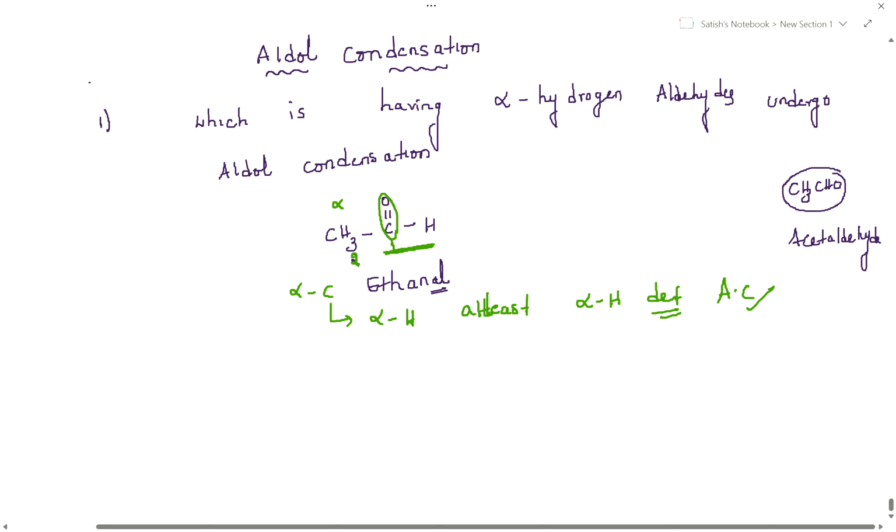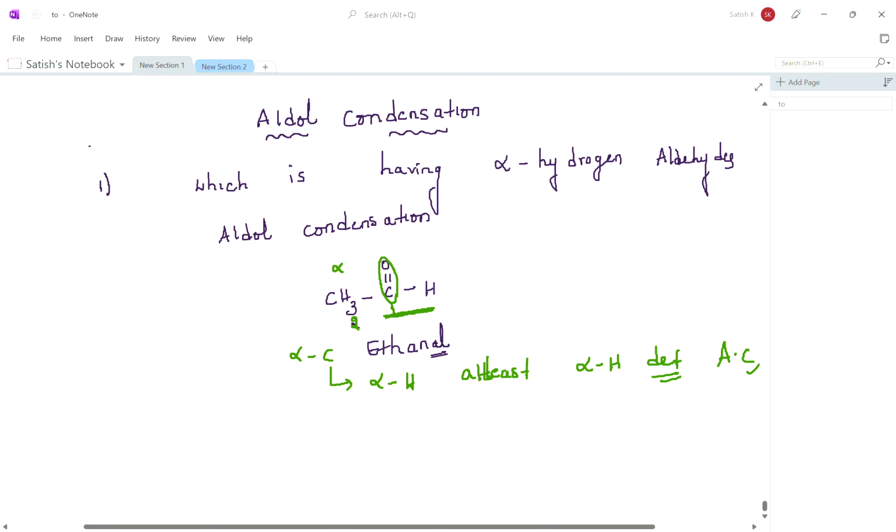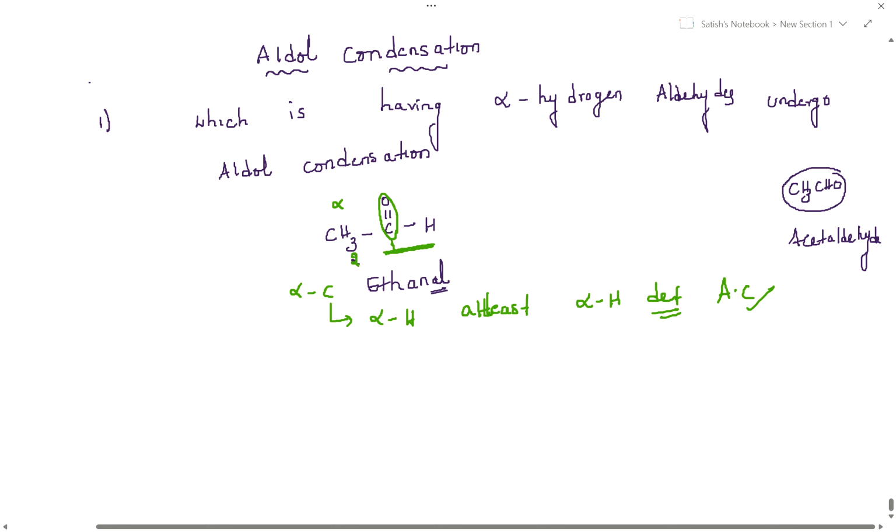Now step 2, what is the next point? Here we are using OH minus. OH minus has two capabilities. One is it can act as a base, and the second is it can act as a nucleophile. But in this particular reaction, it acts as a base.